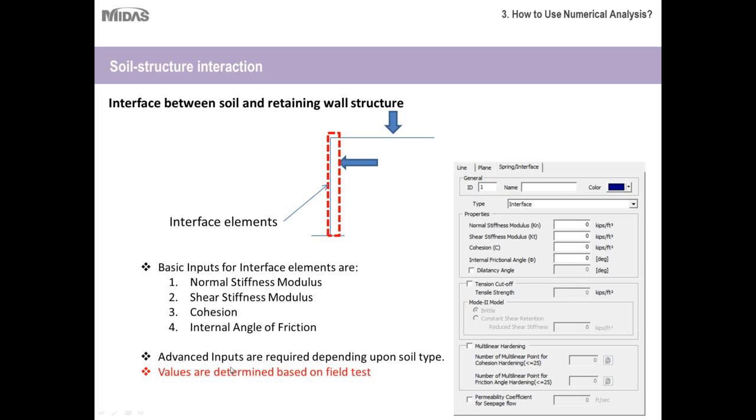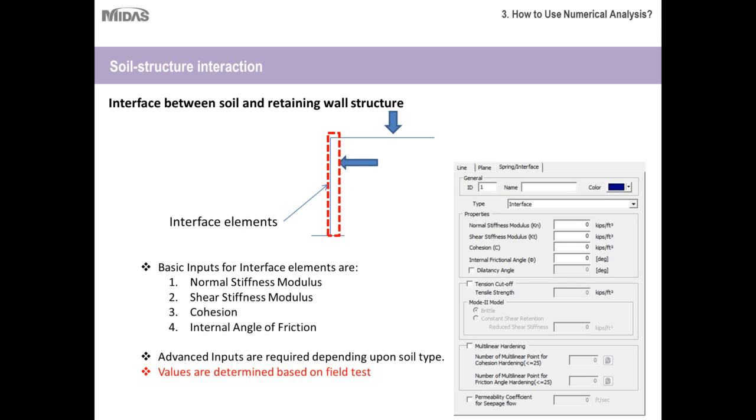But if you're dealing with a complex soil type, like clay or unconsolidated soil strata, you have to perform some detailed field tests and determine other parameters as well. But one thing is sure: these values are obtained directly from the field test, and you have to perform different field tests depending upon the backfill material.